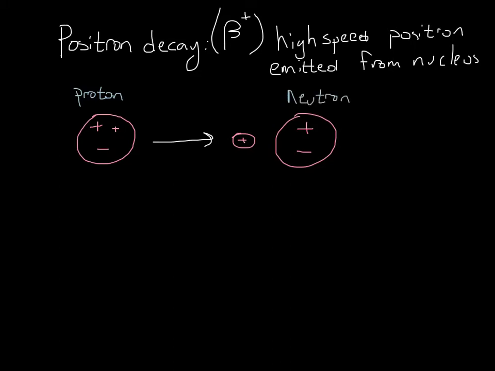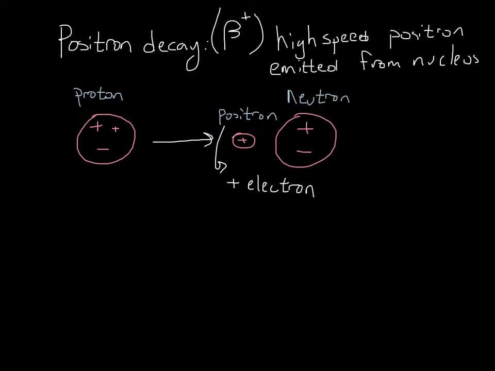And then this small positively charged particle is what we call a positron. A positron is very, very small, but it has a positive charge. A way to think about it is it's nothing more than a positive electron. It's about the same size as an electron, which is extremely tiny, but it has a positive charge instead of a negative charge. So a positron is a positively charged electron. A beta particle is a negatively charged electron that's emitted. Positron decay is a positively charged electron that is emitted.